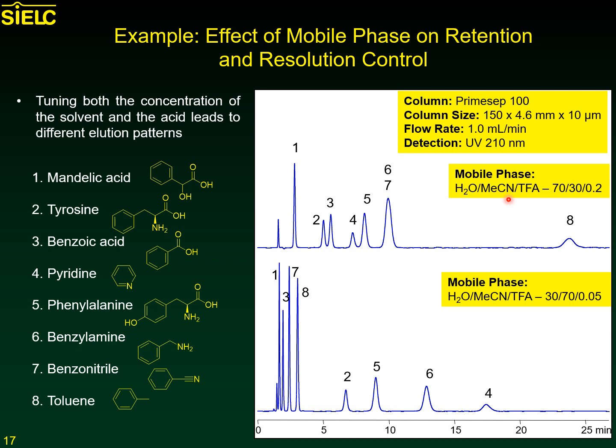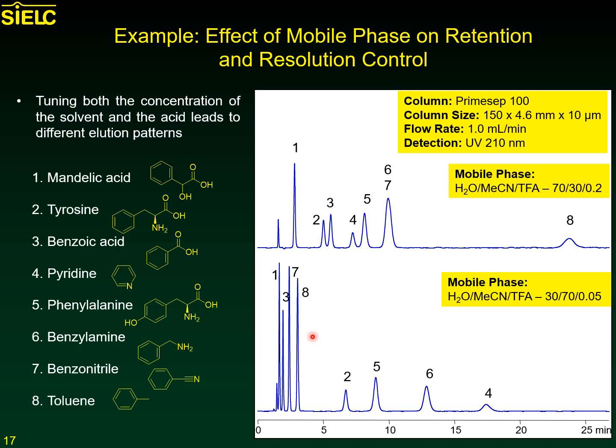However, if we increase the amount of organic modifier in the mobile phase, such that it is now a 70% acetonitrile in water solution, and we subsequently also dilute the TFA in the mobile phase to 0.05, we find that we can change the elution pattern and behavior of the different compounds.